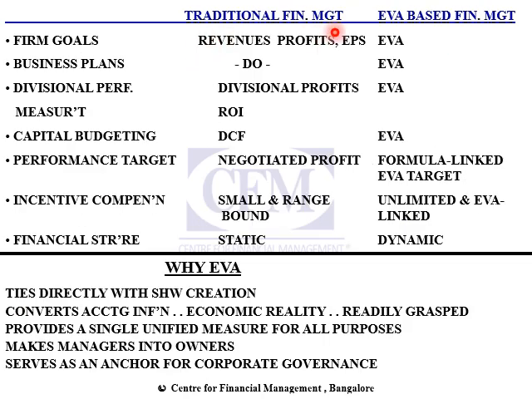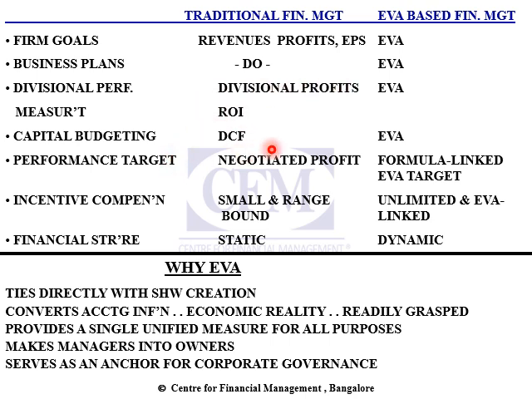In traditional financial management, different measures are used for different facets of financial management. Firm goals are defined in terms of revenues, profits, and EPS. Business plans are cast in terms of revenues, profits, and EPS. Divisional performance is measured in terms of divisional profits or return on investment.